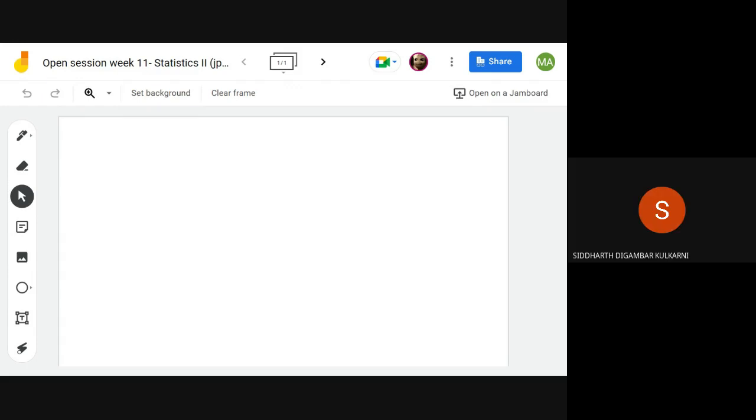Correct. The significance level will depend on the problem which we have. So in certain conditions, we want a very low significance level. In certain conditions, a slightly higher significance level is acceptable. That's what I understood. Is it right?